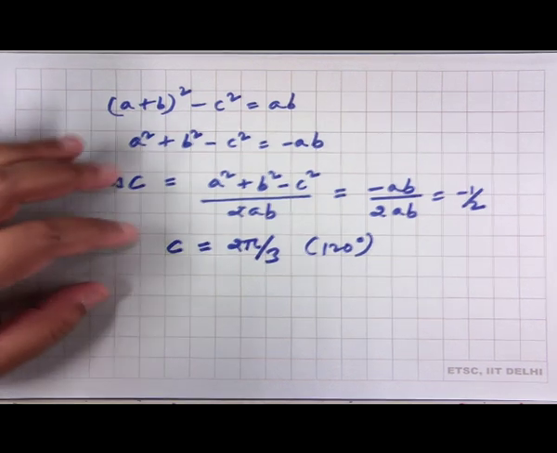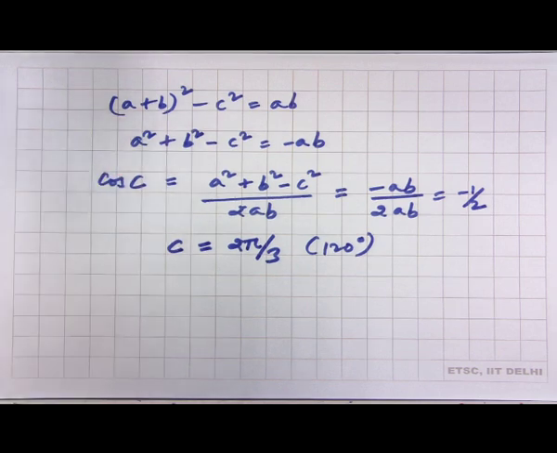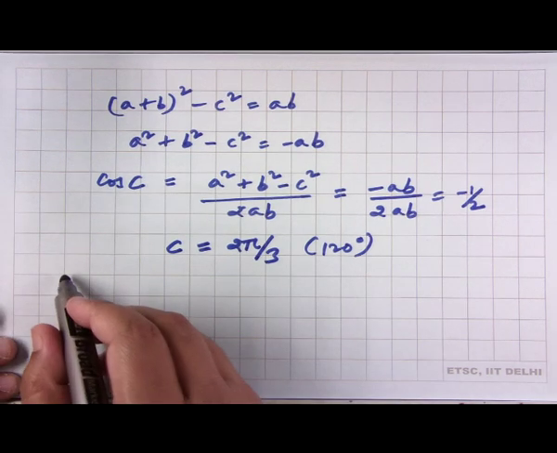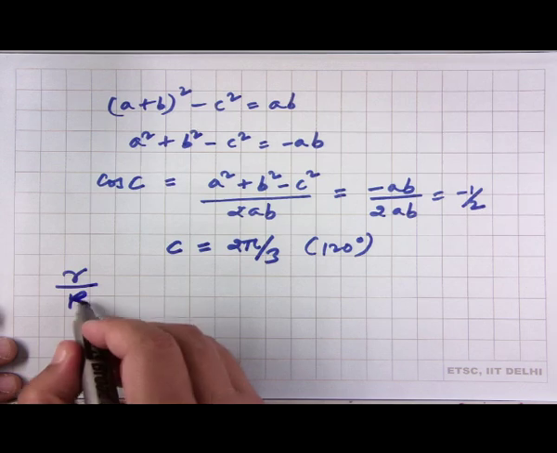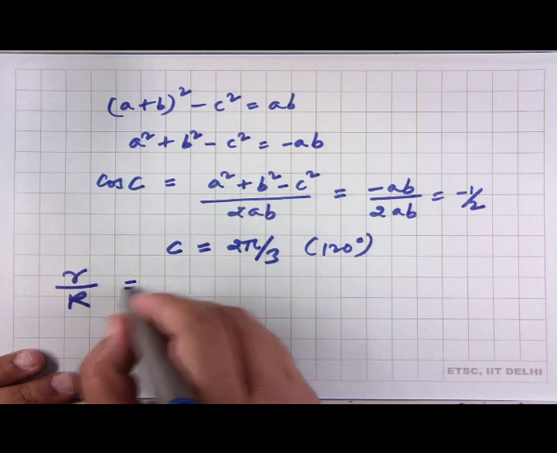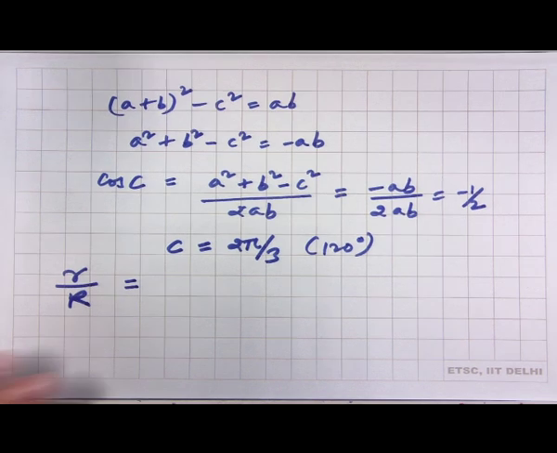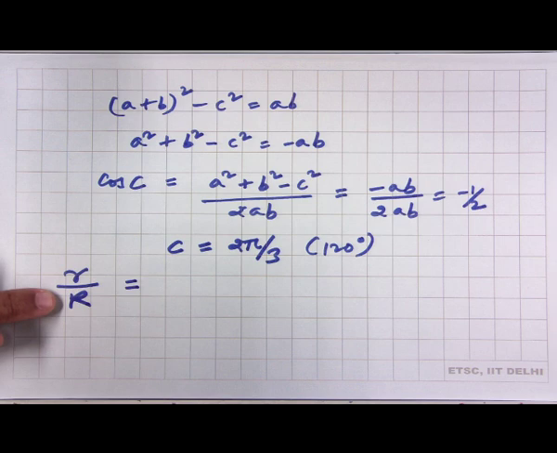So, we have so far been able to find the value of this angle C. What we have to find is the ratio r by capital R. For this we have to use the formulas or expressions that we have derived for the inradius and the circumradius.